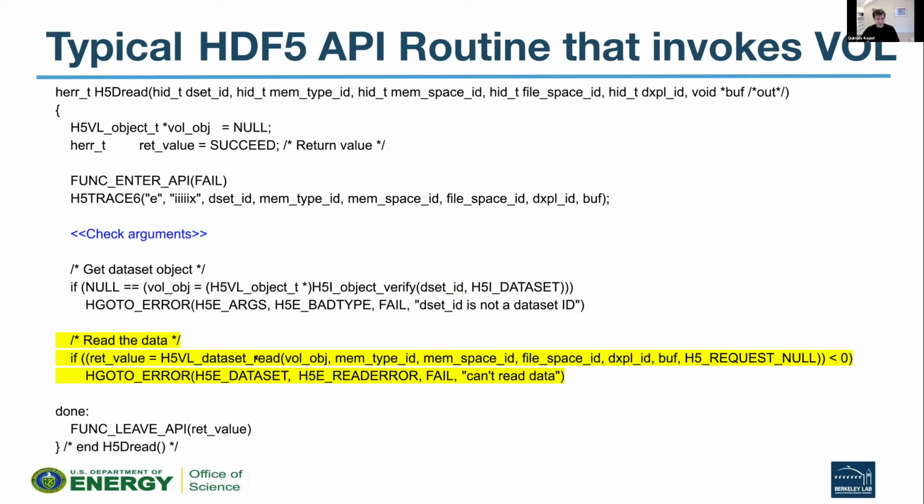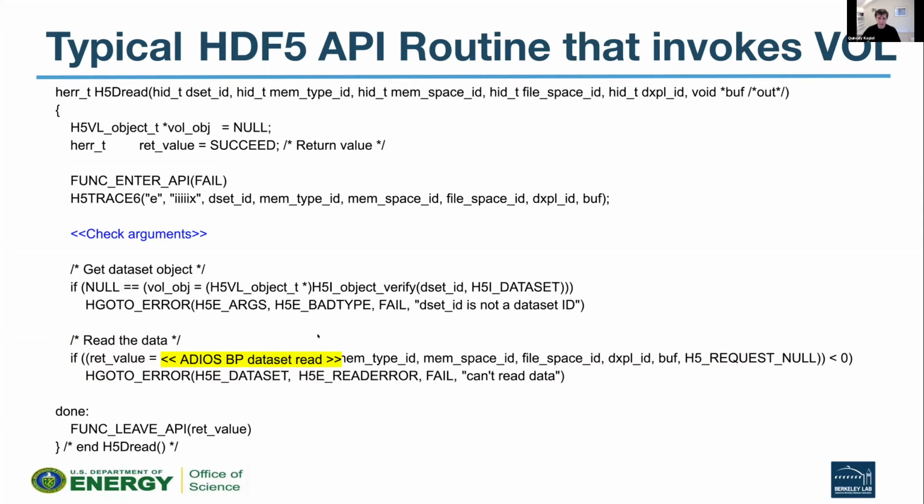Then, depending on the connector stack that you've set up internally, the virtual object layer framework, the code inside the HDF5 library, will actually make callbacks, function calls, into, for example, a pass-through asynchronous I/O connector that has an underlying native VOL connector, or that dataset read could end up in the DAOS VOL connector, or be actually reading data that isn't in an HDF5 file.